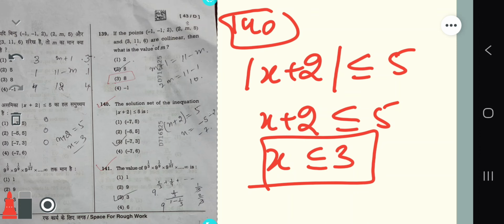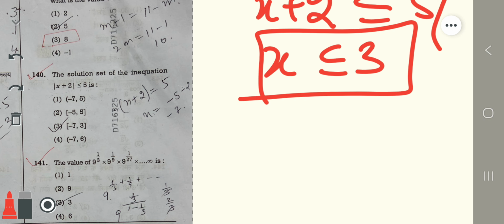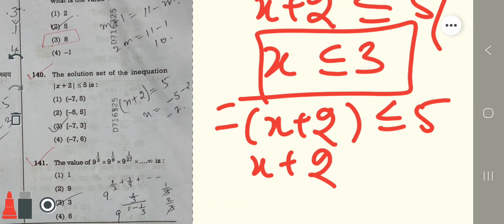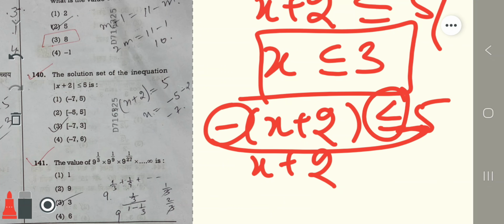And another will be minus (x plus 2) less than equal to 5, क्योंकि अगर हम मोड हटाते हैं तो एक बार प्लस वाली आती है, एक बार माइनस वाली आती है. सो इट विल गिव x plus 2. अगर मेरे को माइनस का साइन रिमूव करना है, इधर लेकर आना है, तो इनइक्वालिटी चेंज हो जाती है, x plus 2 greater than equal to -5. हाउ दिस इनइक्वालिटी चेंज?